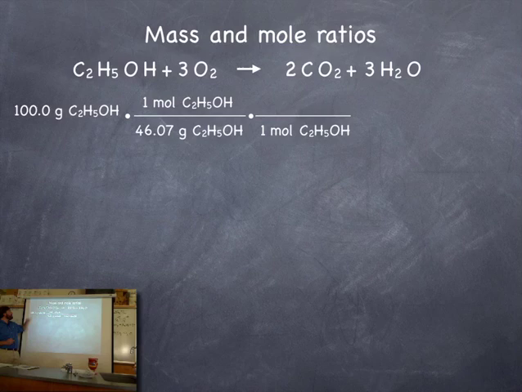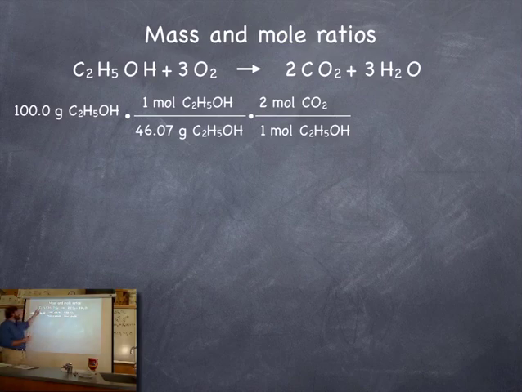For every 1 mole of ethanol, how many carbon dioxides are there? If I burn 1 mole of ethanol, I will produce 2 moles of carbon dioxide. This we call the mole ratio. And it always comes from the balanced chemical equation.